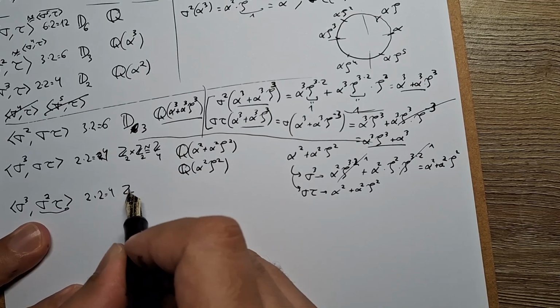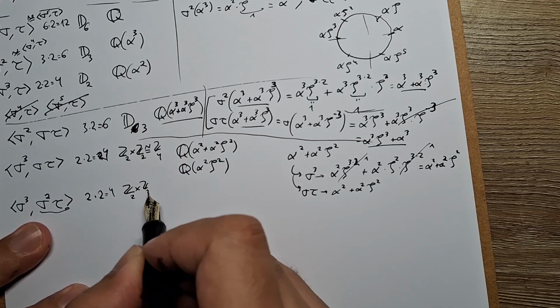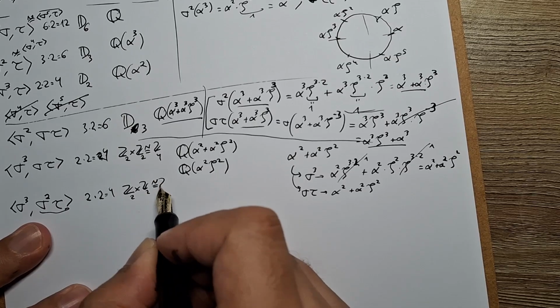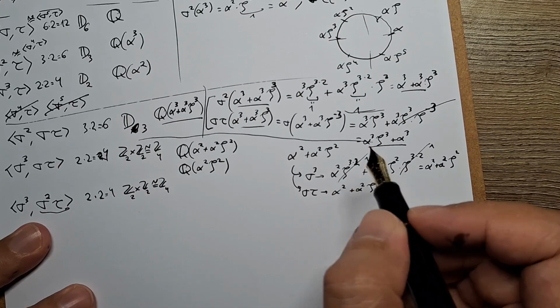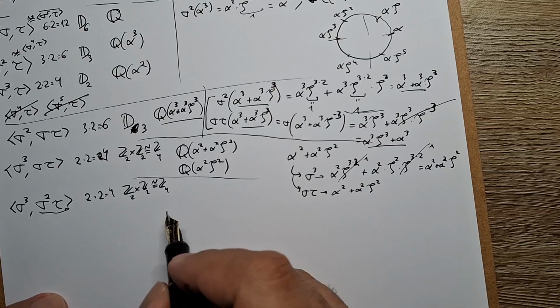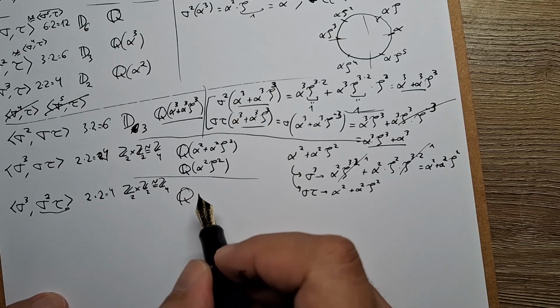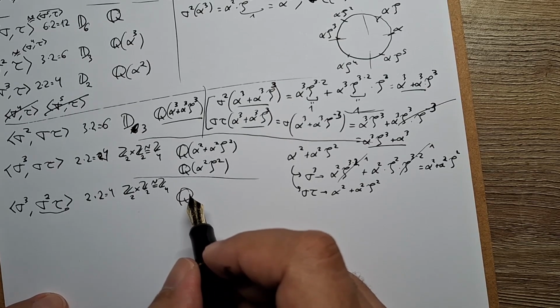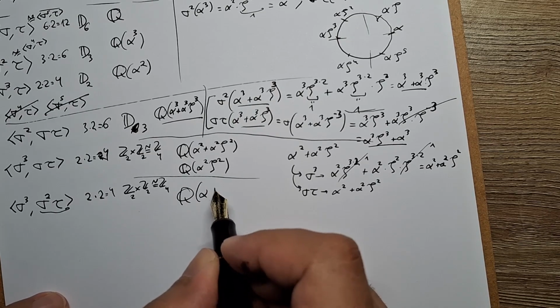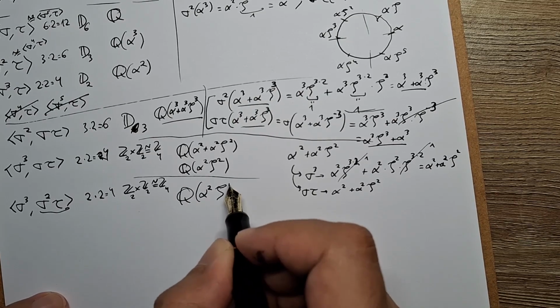And then this is also zeta 4. And which is the fixed field for this? In a similar fashion, we have alpha squared theta to the 4th.